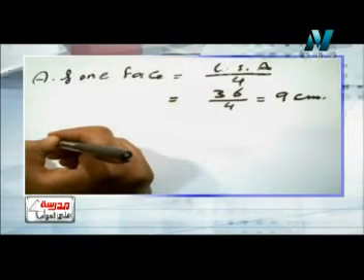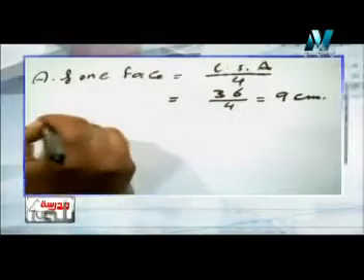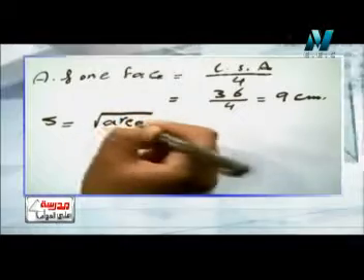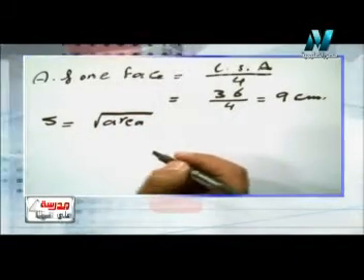How to find the side length of a cube? The side length equals the square root of the area. If we have the area of one face, to find its length, which number multiplied by itself equals 9? 3 times 3.